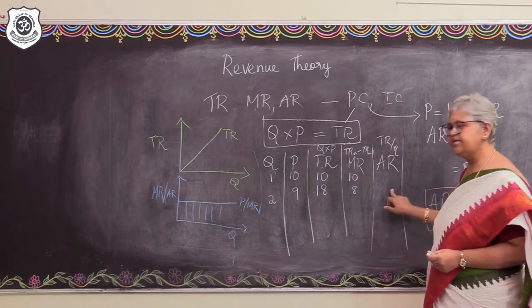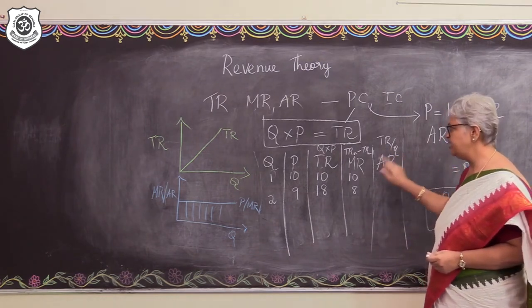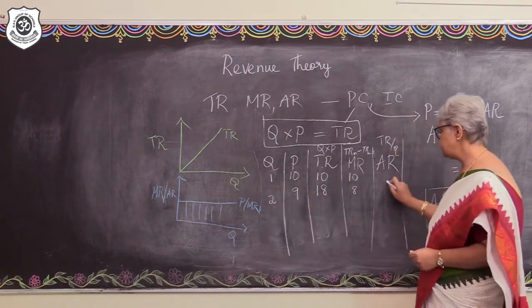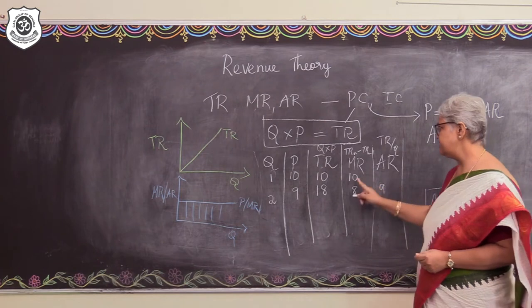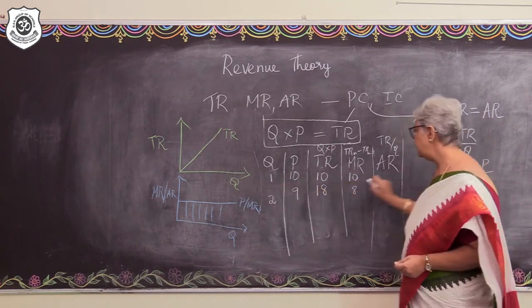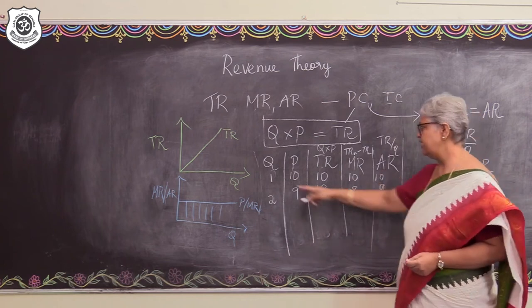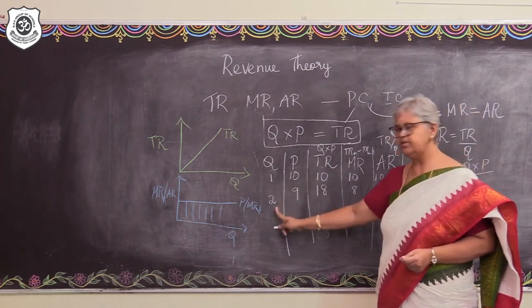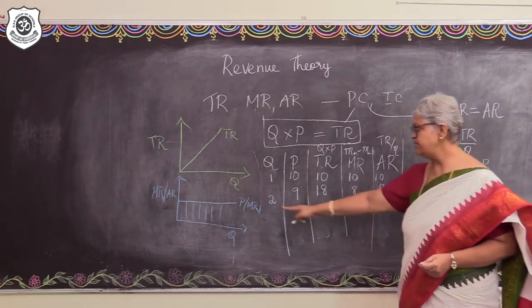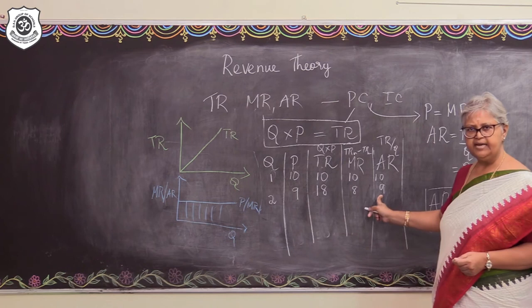Right? And what about the average revenue? Average revenue is TR by Q, isn't it? 18 divided by 2. So that is going to be 9. And in the first case, it would be 10 by 1 and that will be 10.